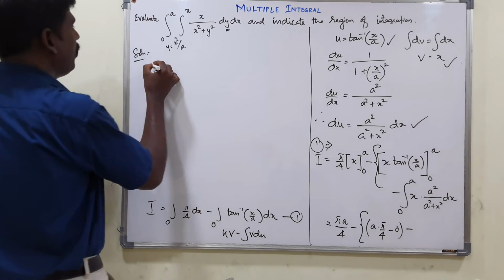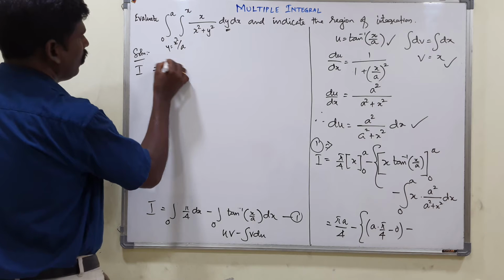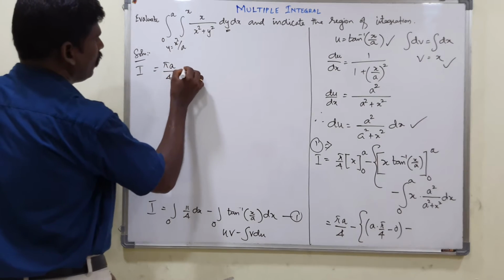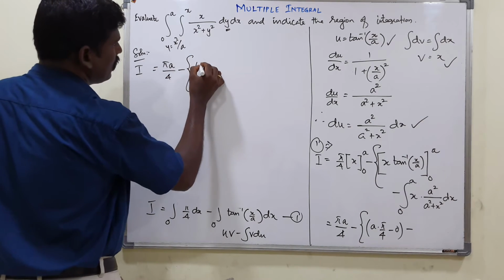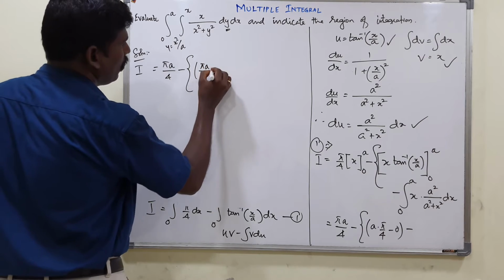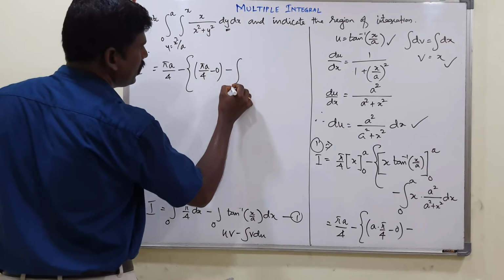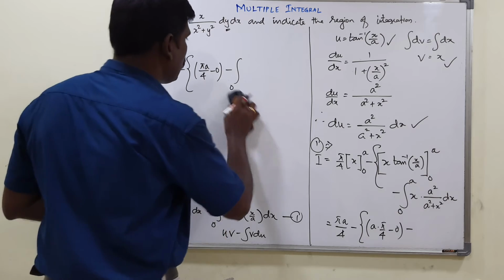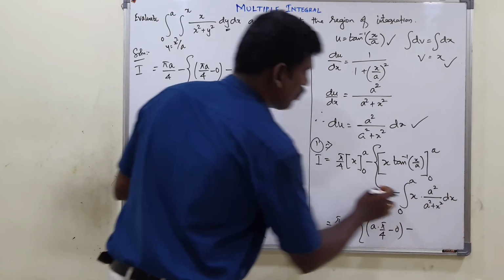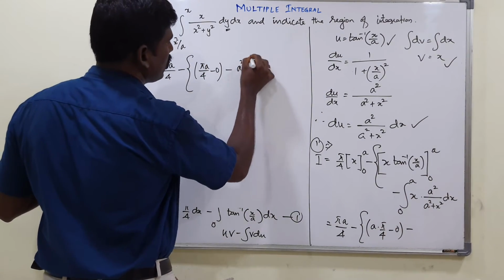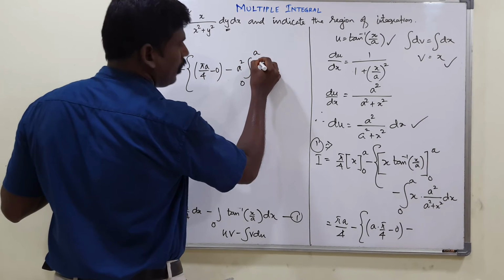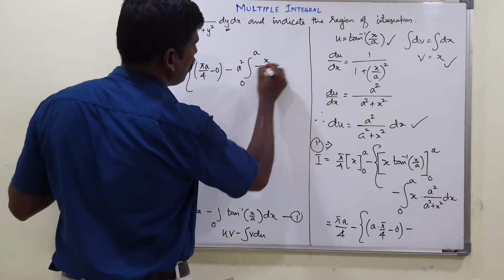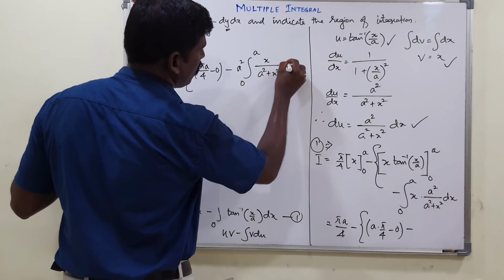Right? So pi a by 4. Pi a by 4 minus 0 minus integral 0 to a, so minus a square from the integral, minus a square into integral 0 to a x by a square plus x square into dx.